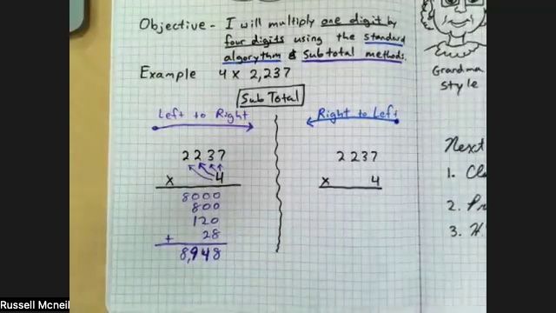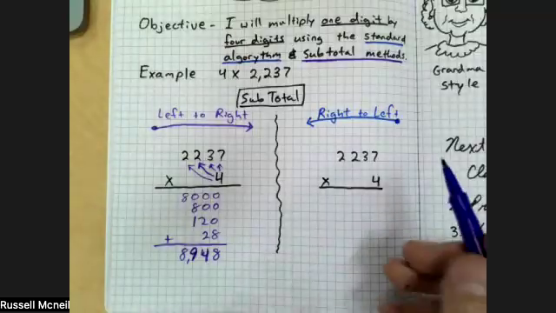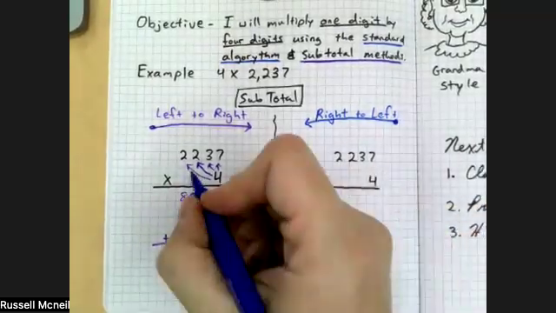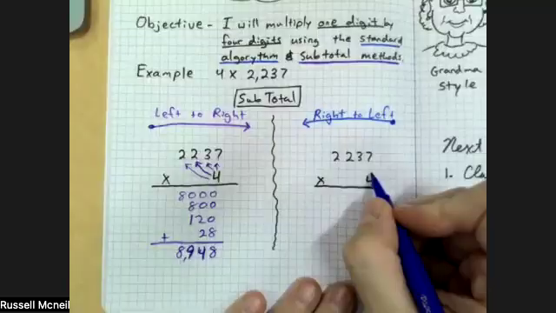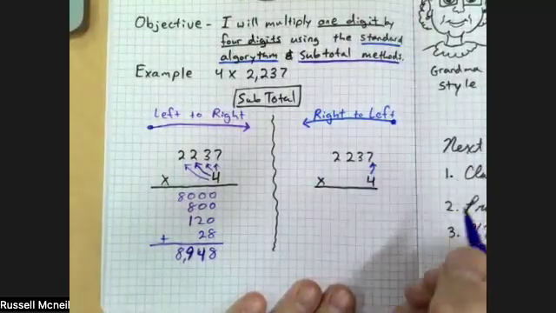Now, very similar, the right to left model. Instead of starting at the thousands, we're going to start at the ones.